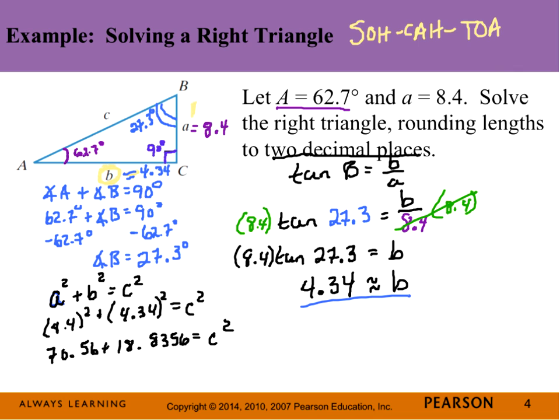But I would add those together, and then I am going to take the square root of both sides, and I get that side C is approximately 9.45. So I have all 3 side lengths and all 3 angle measures. This right triangle is considered solved.